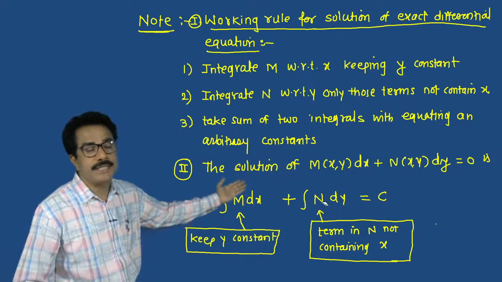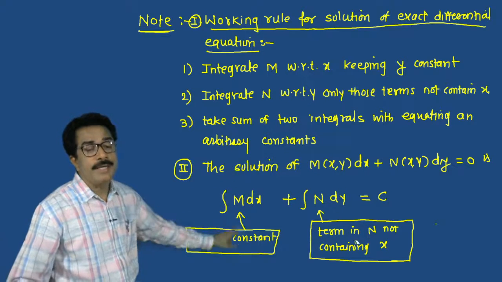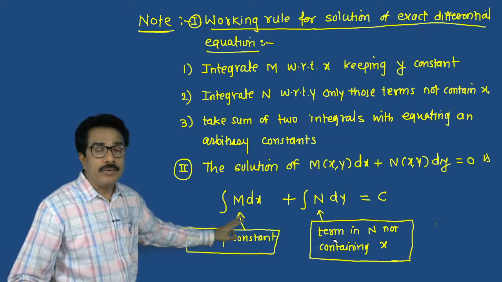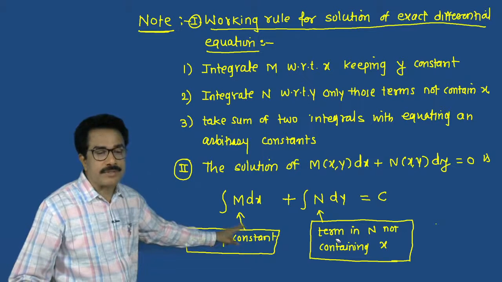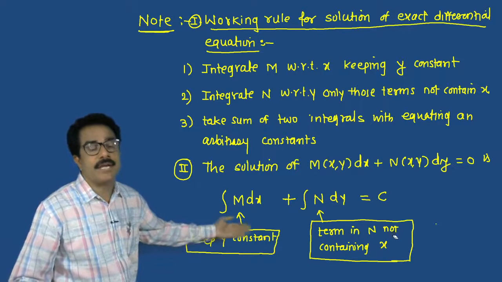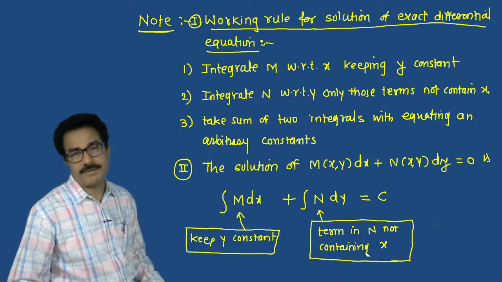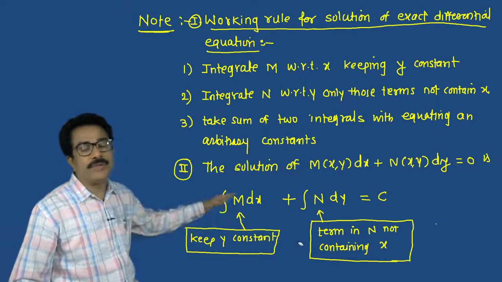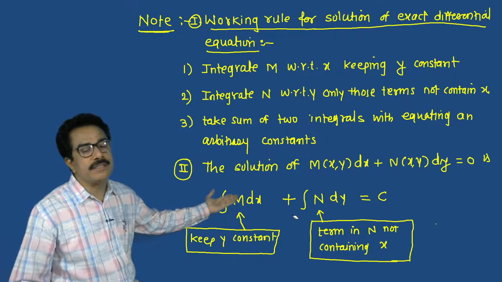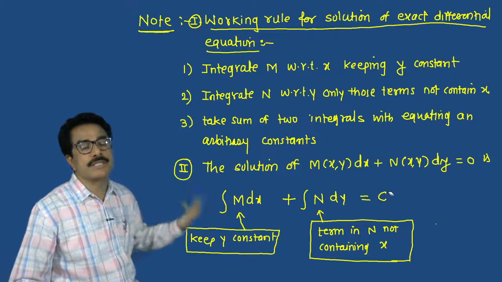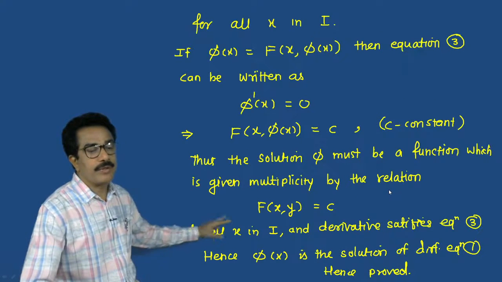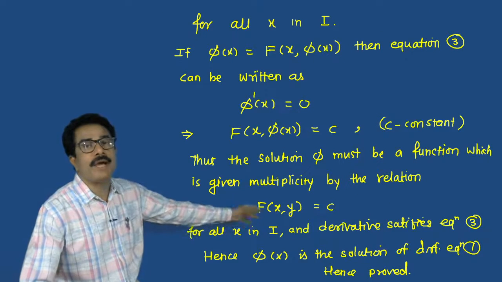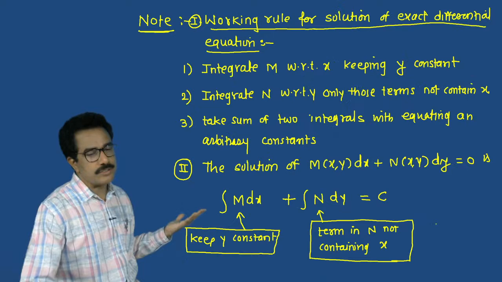We take the integration of N with respect to y, but select only the terms in N which do not contain x. The sum is equal to the constant term, because we know from the theorem that f of x comma y equals c is the solution.